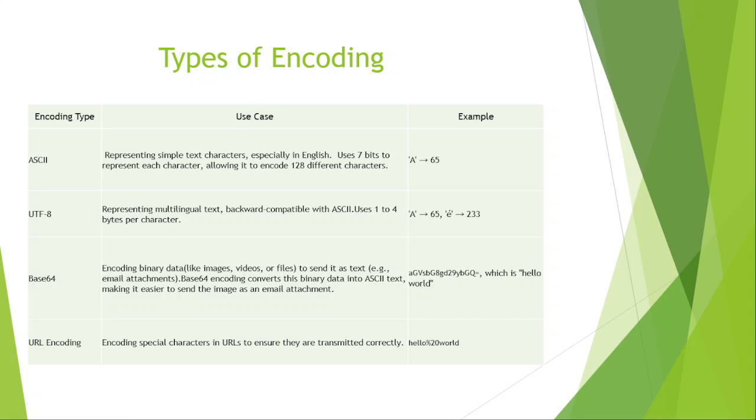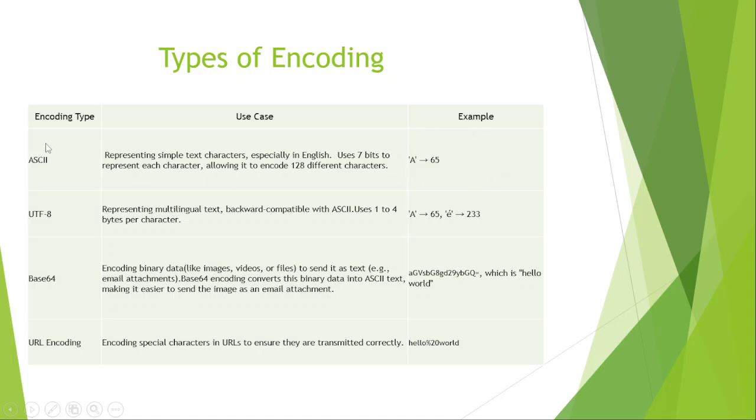I will only discuss four types of encoding, and they are really important. First is ASCII. During the initial days of encoding, only ASCII was launched. This is the encoding type, what it is used for, and these are a few examples I have written here.